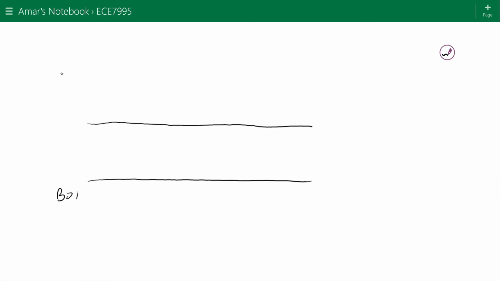So if we're in a laminar flow type environment, where this is the bottom of the channel, and this is the top.